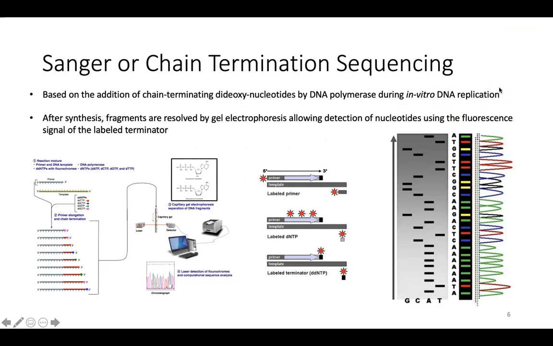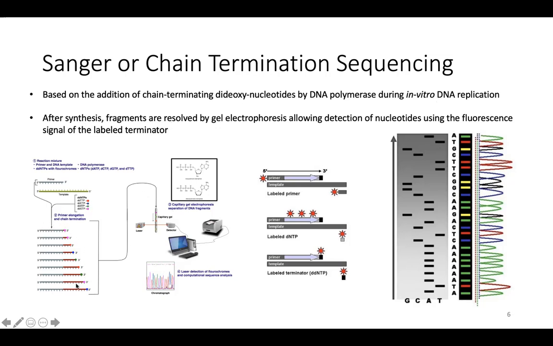I was trying to remember the word replication rather than DNA synthesis. After the replication, the fragments are resolved in gel electrophoresis, shown here on the right, and the detection of the nucleotides is done by using fluorescence, as I mentioned before.